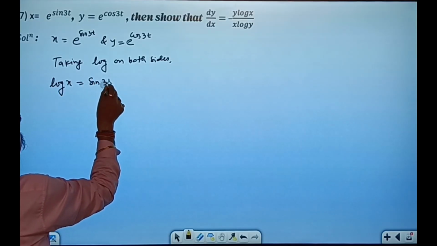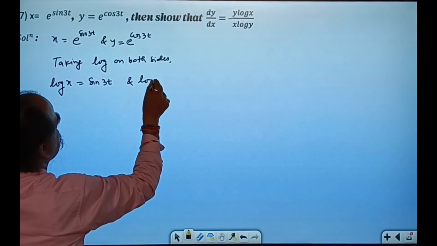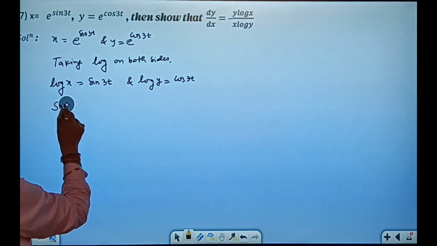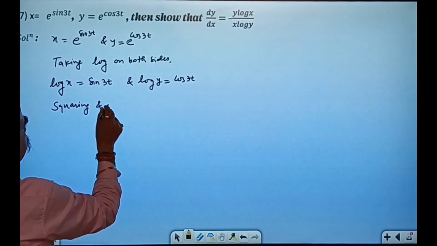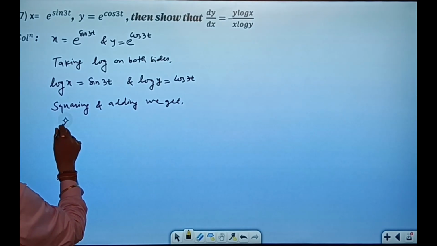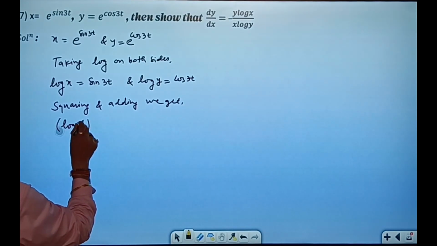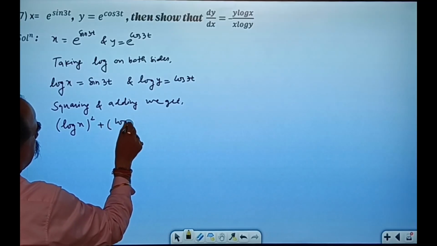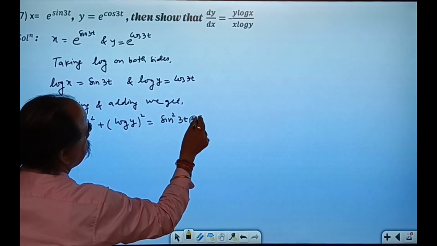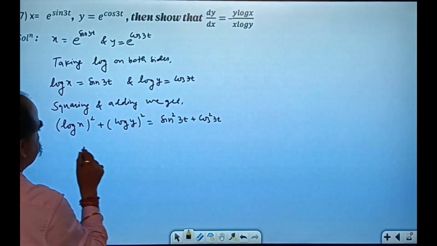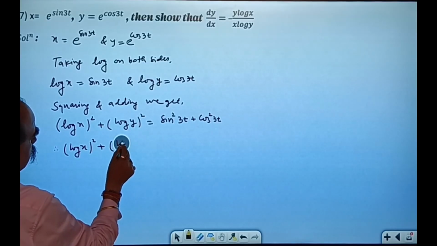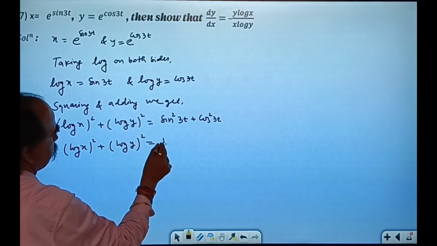Sine 3t and log y is what? Cos 3t. Squaring and adding, we get log x the whole square plus log y the whole square is equal to sin square 3t plus cos square 3t. Therefore log x the whole square plus log y the whole square is equal to 1.